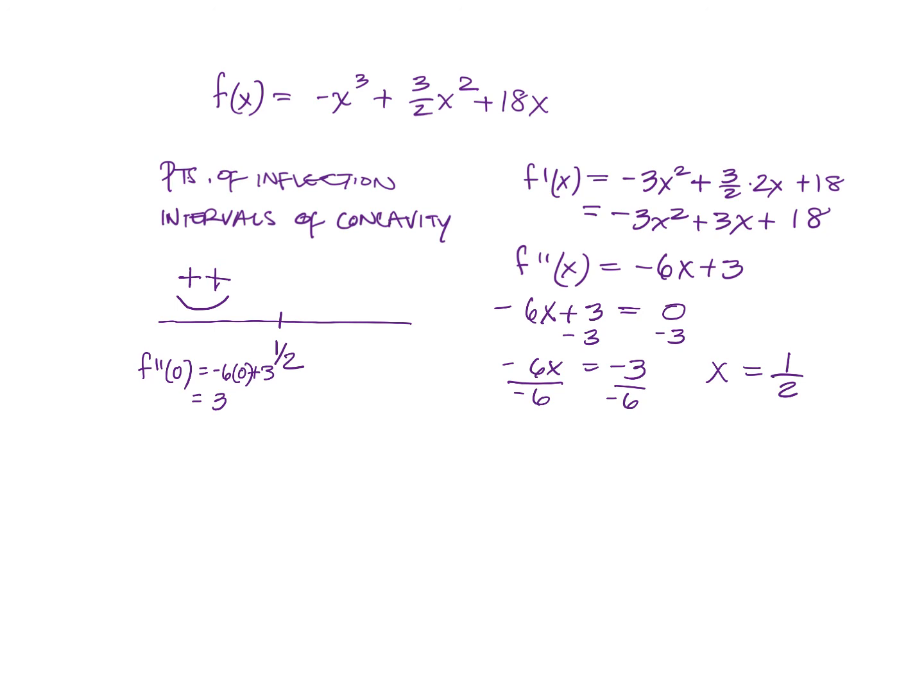And I'm going to use 1 because it's very easy. Again, we test it in the second derivative because that's the one that tells us about concavity. And so we plug 1 in, and we get negative 6 times 1 plus 3, and that gives us negative 3. And so it's negative. The second derivative is negative, so it's concave down. And notice I have that frowning face.